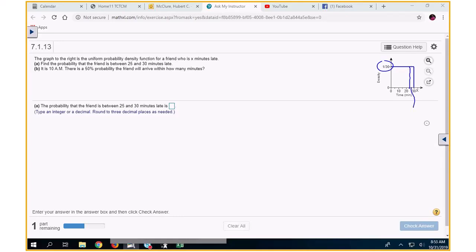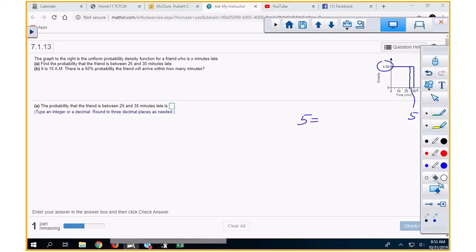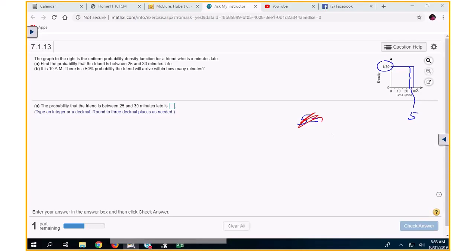So what's that base? What's the difference between 25 and 30? So area is going to be 5.